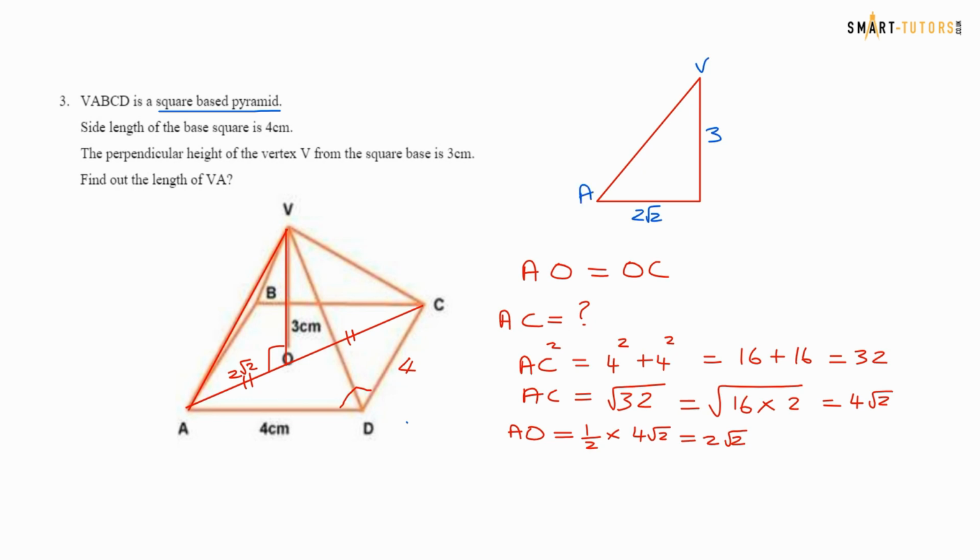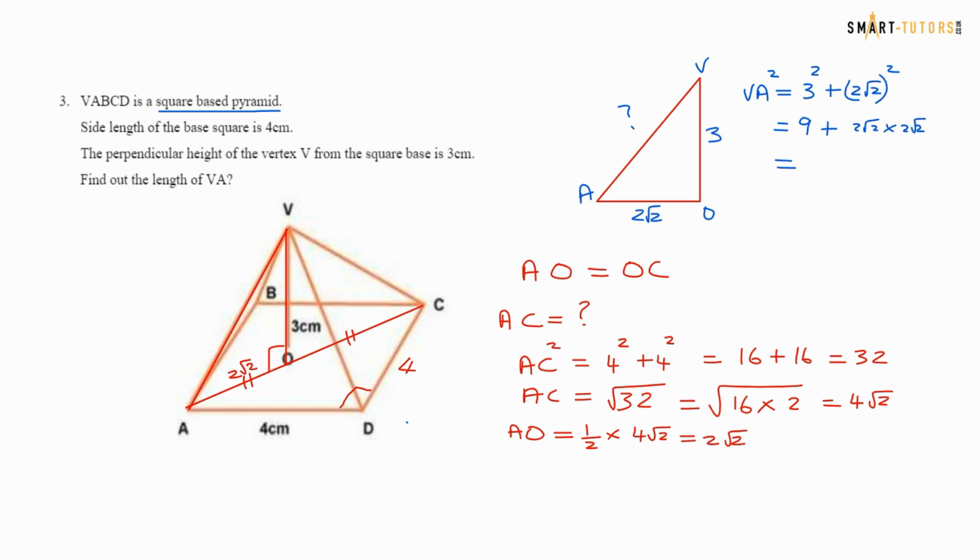So all they are asking is what is VA? So VA squared equals 3 squared plus 2 root 2 whole thing squared. So 3 squared is 9 plus 2 root 2 squared is 2 root 2 times 2 root 2.